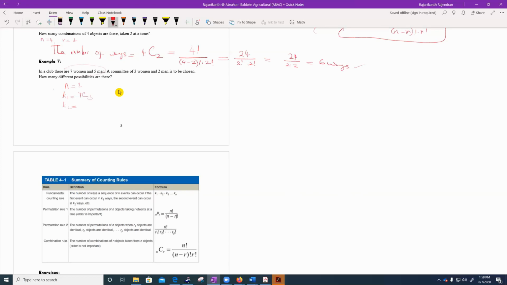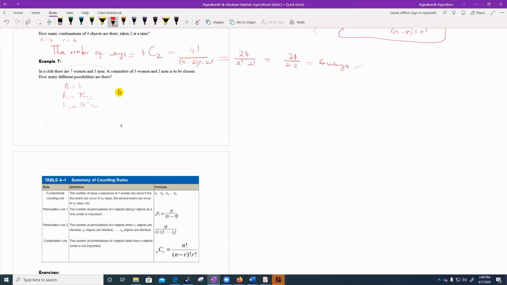So that is my K1, choosing 3 women from 7. Order is not important, so I find 7 choose 3 combinations. Similarly, my second event is choosing men. So we need to choose 2 men from 5. Therefore, the number of ways I could choose is 5C2, right?